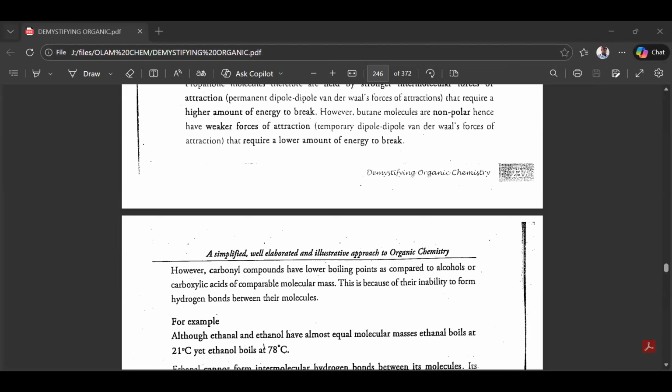The second one I said is phenylpropanone.